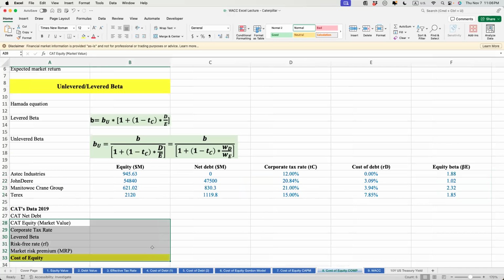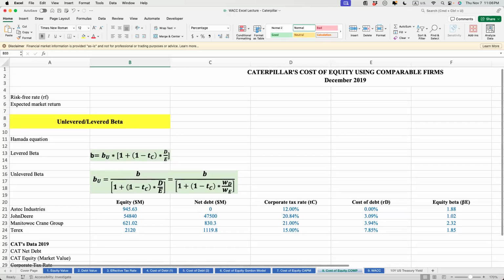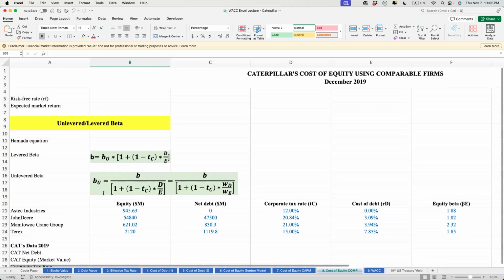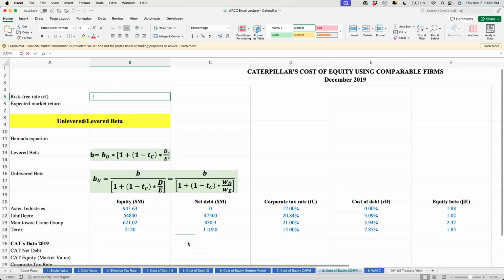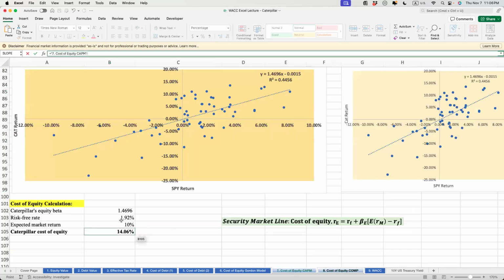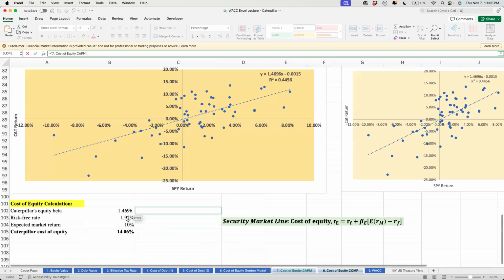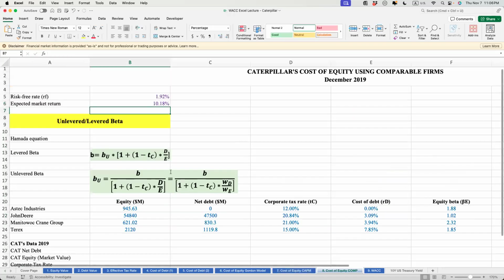Now we can calculate the beta, and we can use the capital asset pricing model again to assess the cost of equity. Since we're eventually still going to use the capital asset pricing model, we need to grab the information. Risk-free rate: we can go back to the CAPM model and grab the risk-free rate. Expected market return: we can go back to the CAPM model and grab the expected market return.